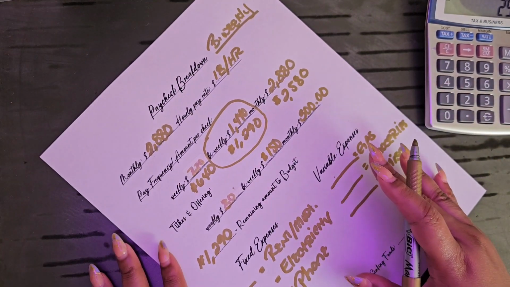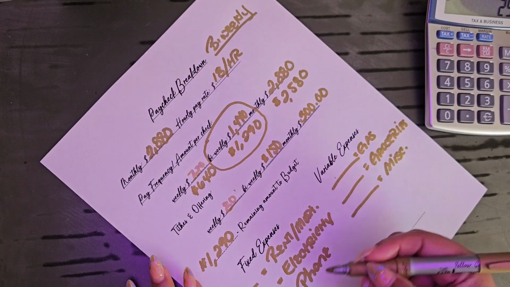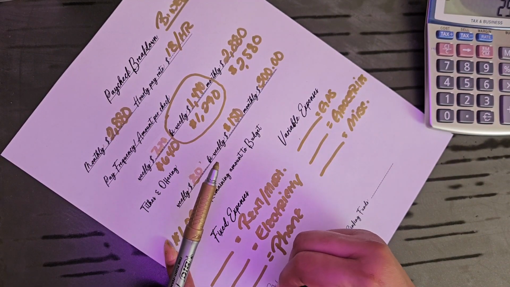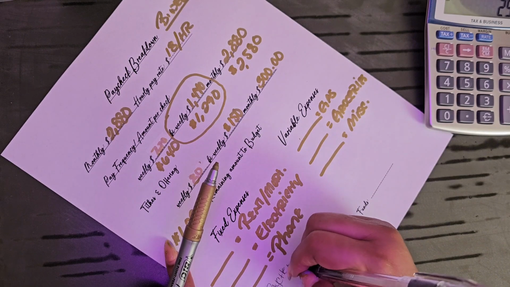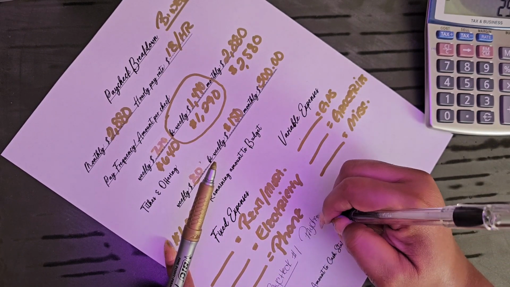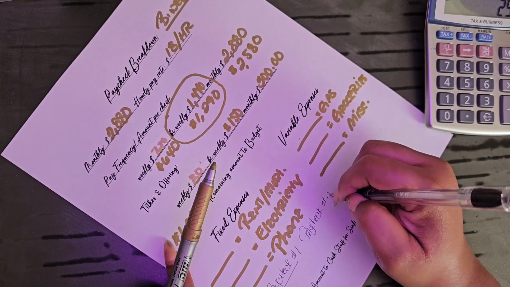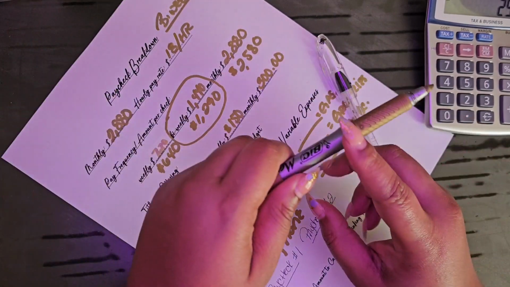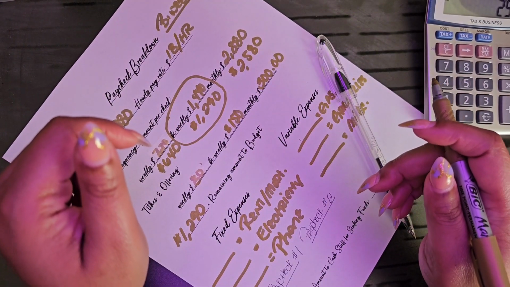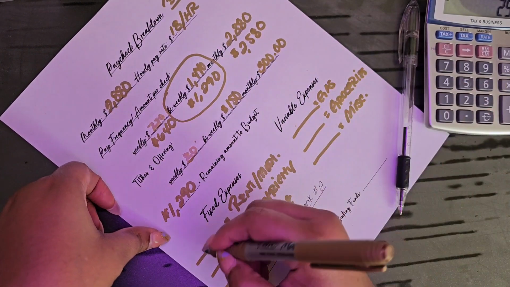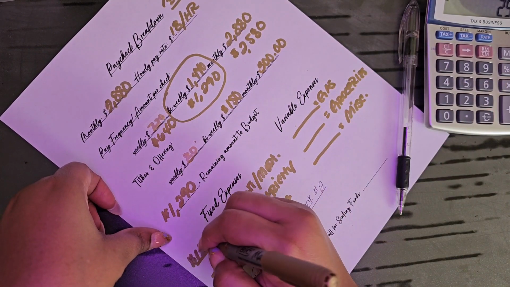These will be broken down into 2 payments. So paycheck number 1, paycheck number 2. Okay, so let's say rent, I'm just going to put for fun $1,200 a month, right?